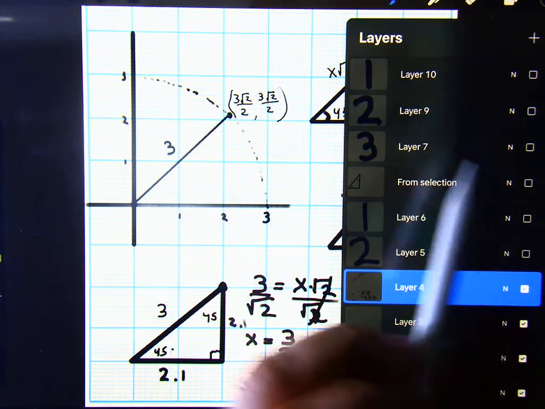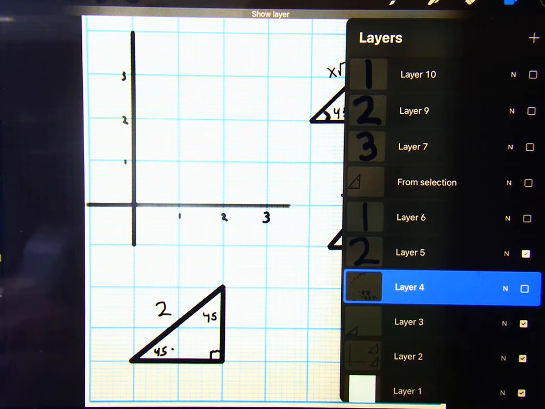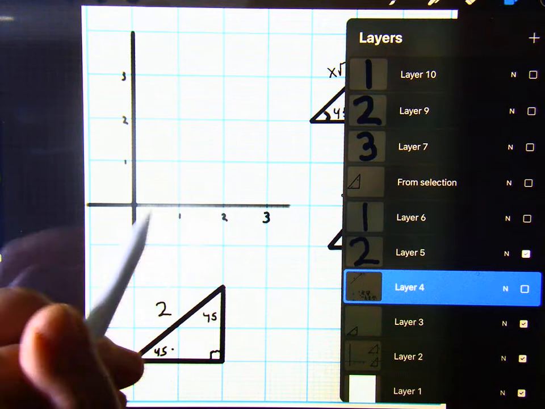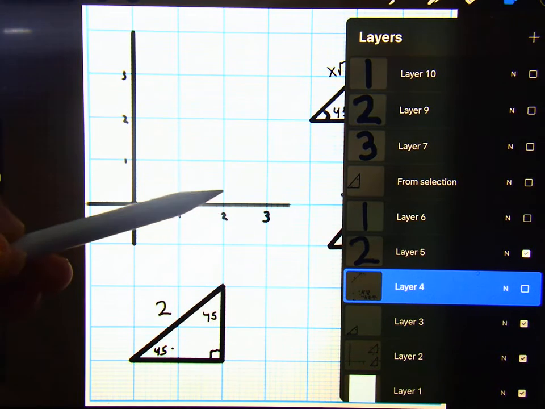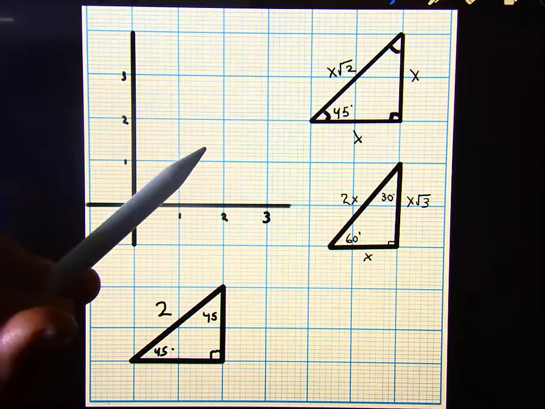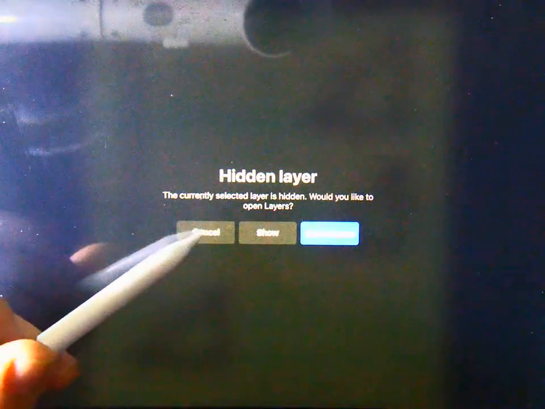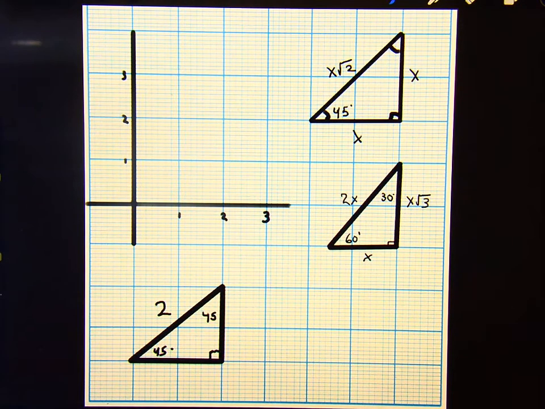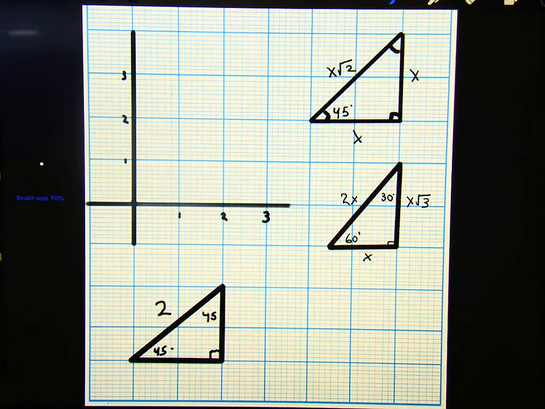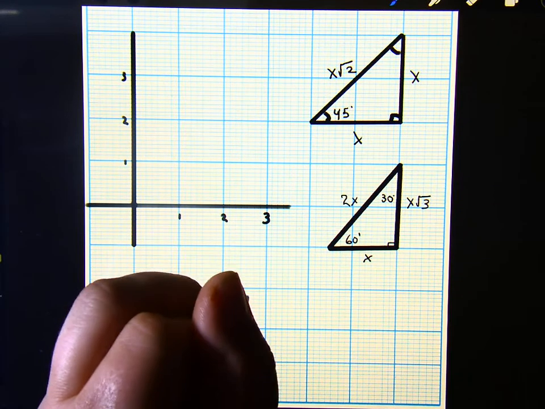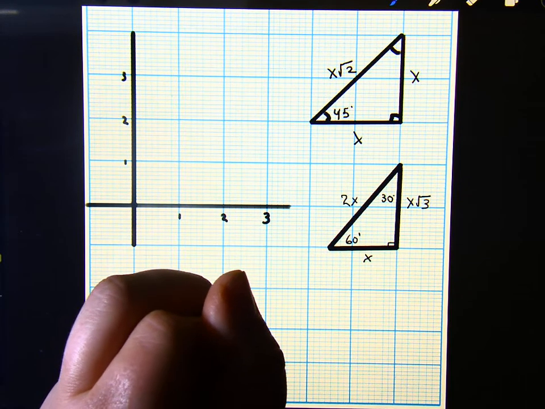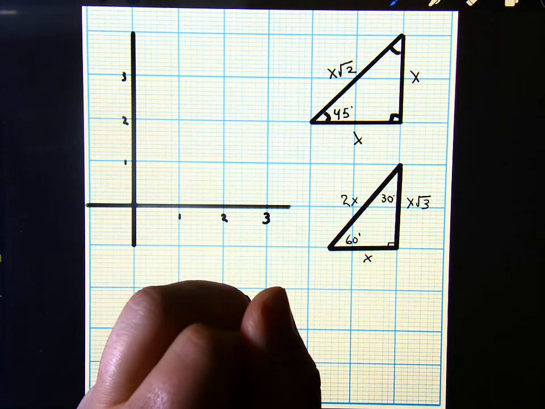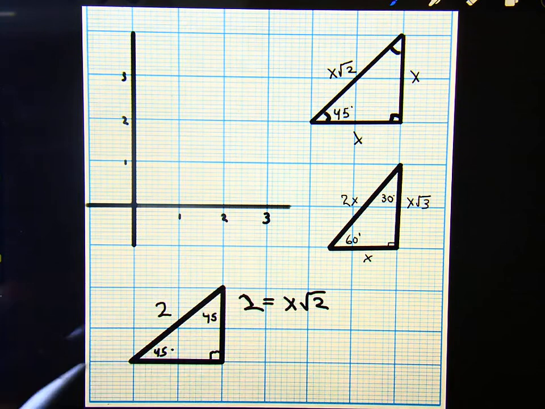So what if we had a triangle that had a radius of 2? We're saying it has a line segment of 2. I want to take this line of 2, and again pivot it and see what I get. I'm going to do the exact same thing. I take 2 equals x square root 2.